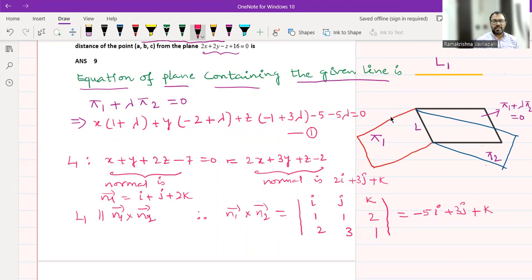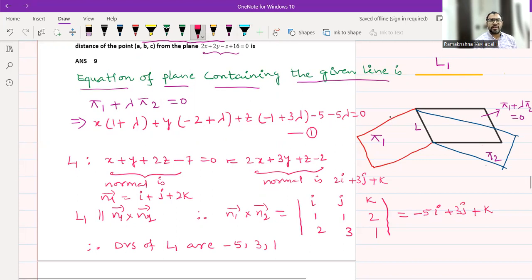So these are the DRS of line L1. Therefore, the DRS of L1 are minus 5, 3, 1.